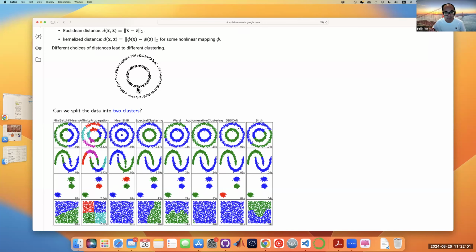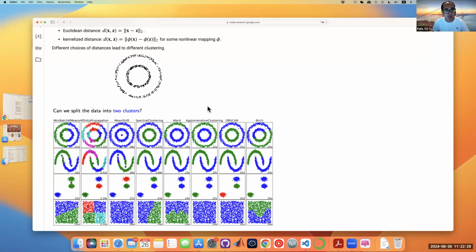Can we split the data into 2 clusters? From eyeball, we know there should be a cluster for the inner circle and the outer circle. But in general, that would be a very difficult problem because if data is in much higher dimensions, how do we know this actually gives you the inner circle and the outer circle?